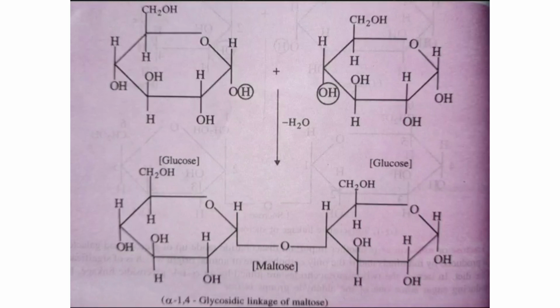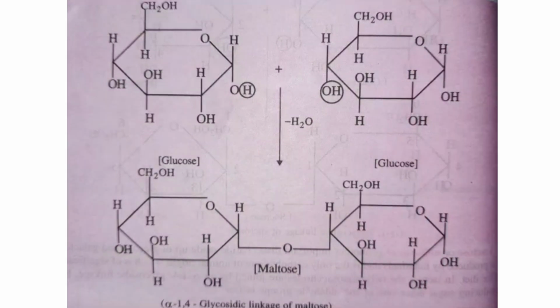It is an intermediate product in the hydrolysis of starch, or malting and fermentation of grains, and is present in beer and malted breakfast cereals, etc. Maltose is a reducing sugar as it has a free aldehyde group, because here you can see that both are glucose. They are joining together and forming the structure of maltose.